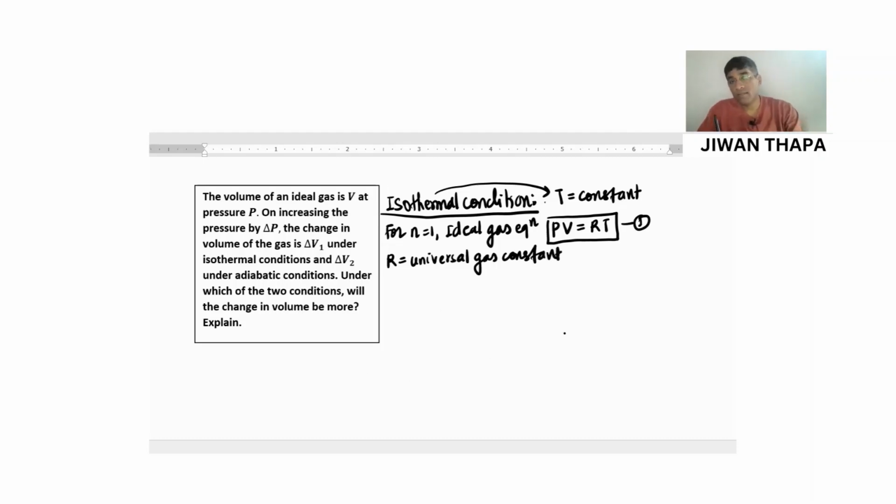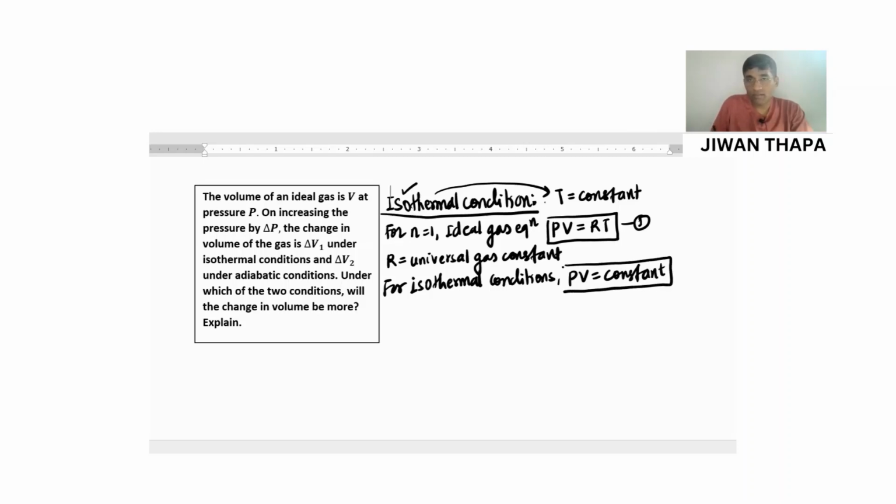For isothermal conditions, equation 1 can be rewritten as PV equals constant, because R is constant and T is constant. Let us call it equation 2.